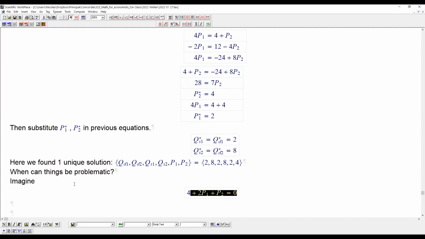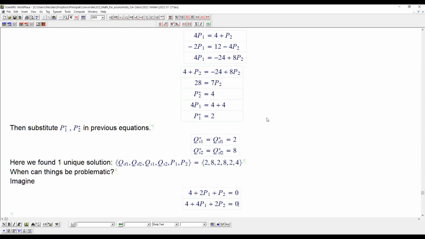And then I get 4 plus 4P1 plus 2P2 equals 0.